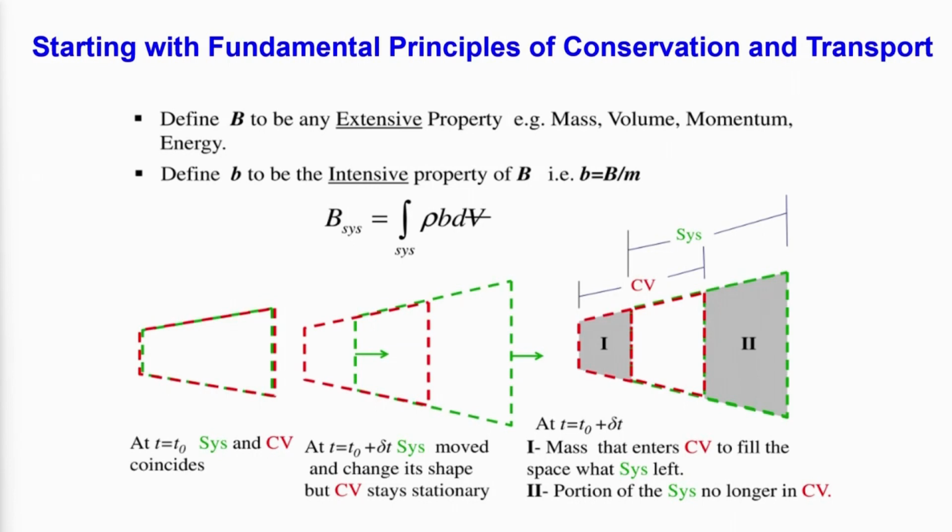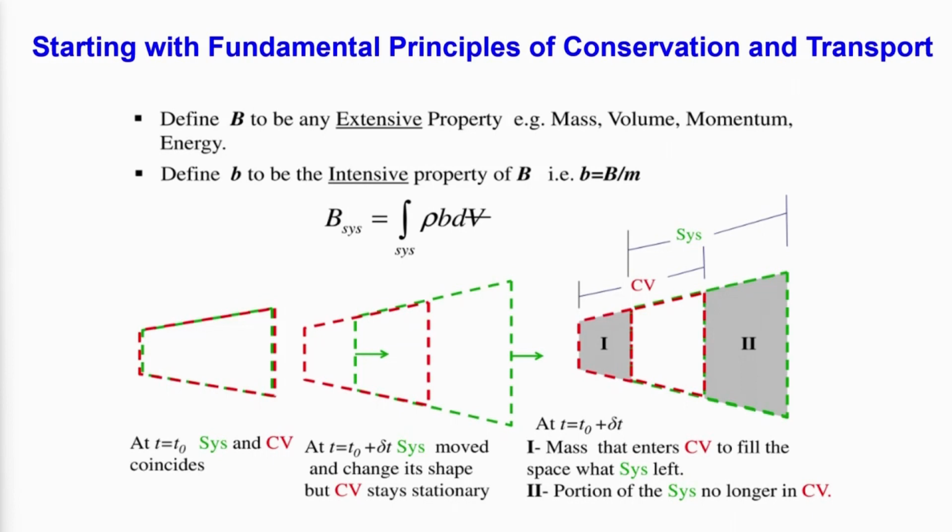If we now consider the intersection of the initial configuration of the system and the subsequent configuration of the system, the common part of that we call the control volume. You can see here that we now have the control volume, whatever is to the left of that is 1 and whatever is to the right of that is 2. As per the direction in which the mass is moving, across 1 mass is entering the control volume and across 2 mass is leaving the control volume.